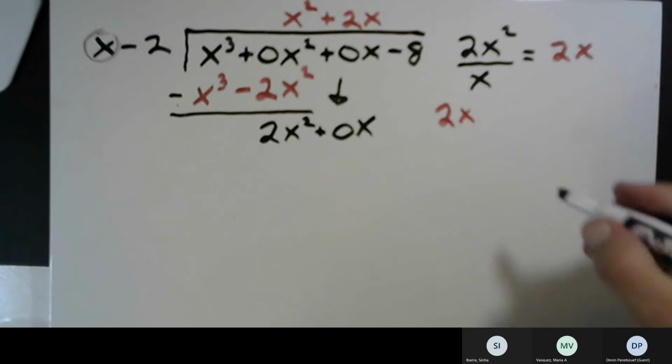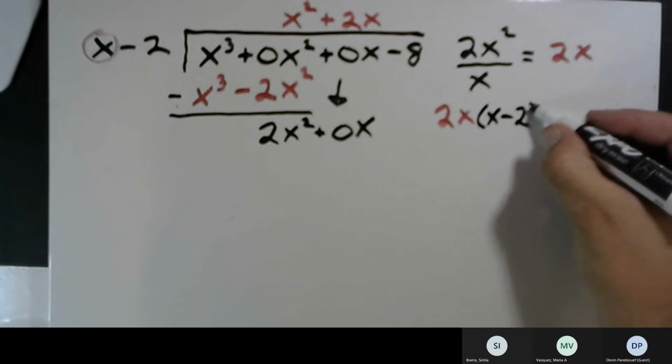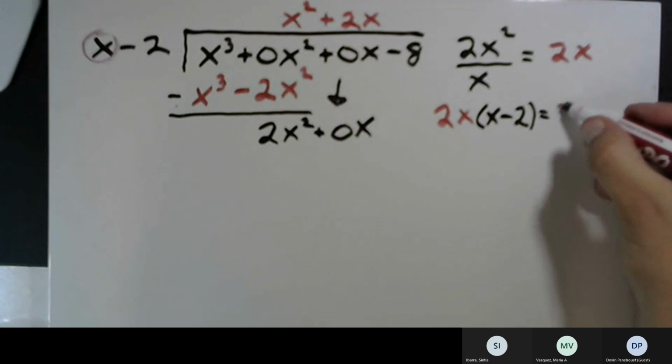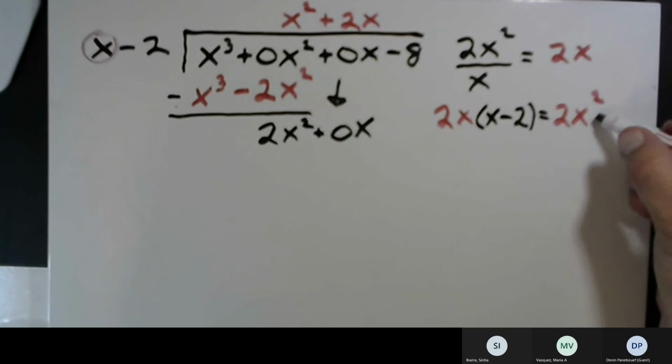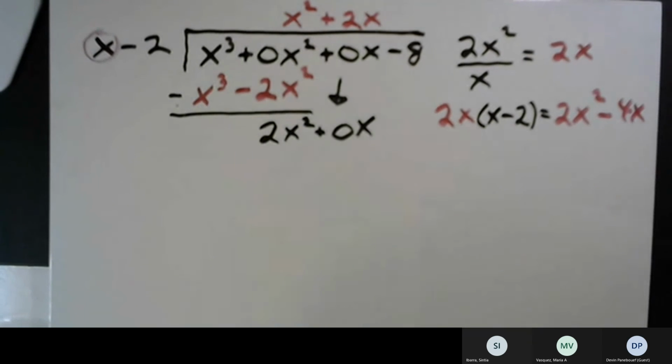So then 2x times the divisor will get 2x squared minus 4x.